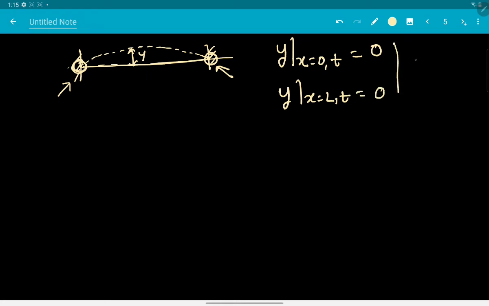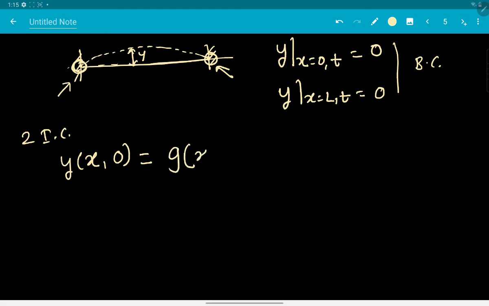These are the two boundary conditions, and we also have two initial conditions. The first is y for all x values at time t equal to 0 should be a certain function in x. So you are giving a certain distribution of y to start with. Let's say this is the initial condition that you are given, a function of x.